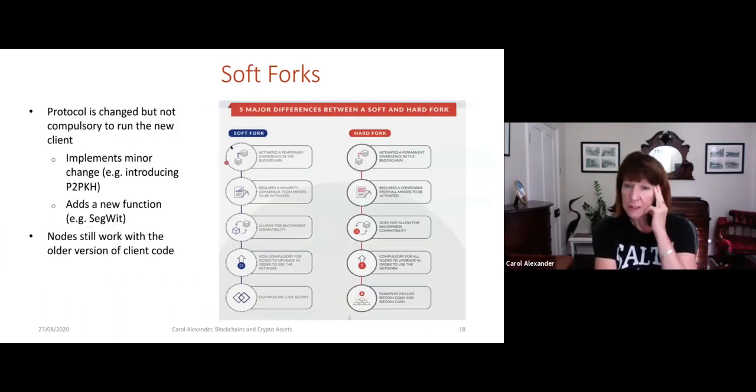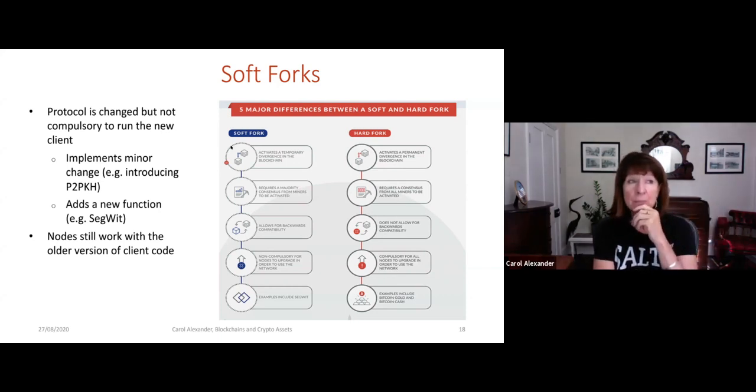And soft forks are the other type of fork. And here it's not necessary to download new client software. You can, but you don't need to. You can carry on and still be part of the network if you still have the old client software. And this is for smaller changes.